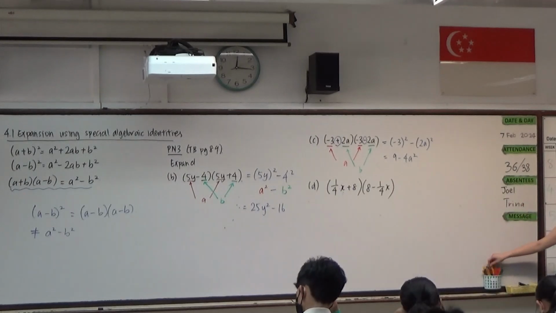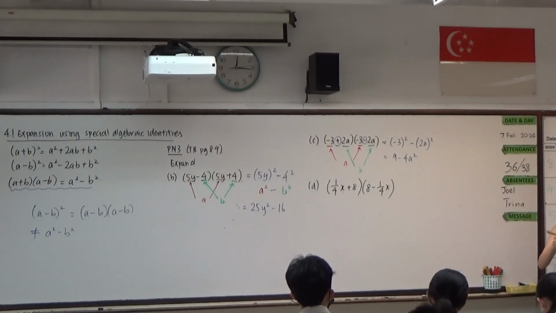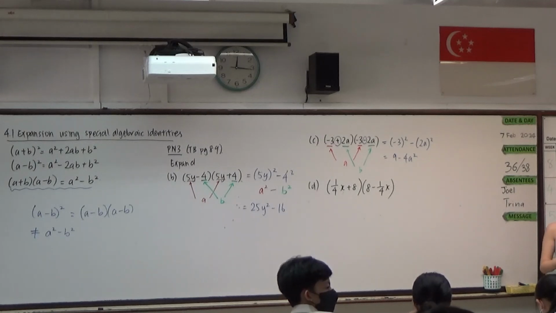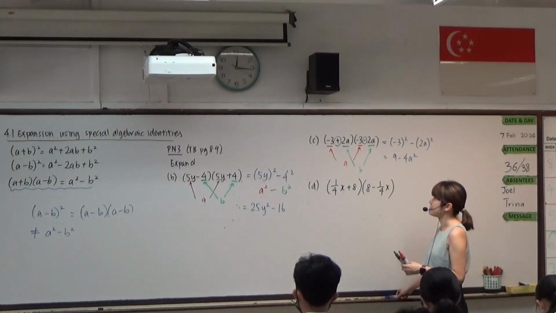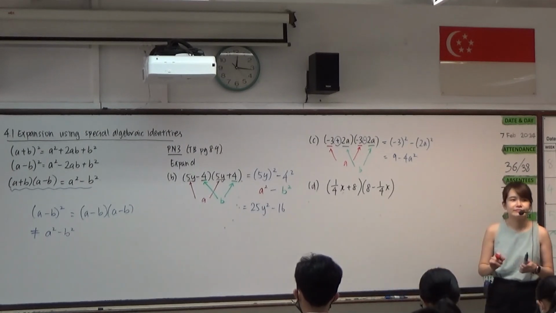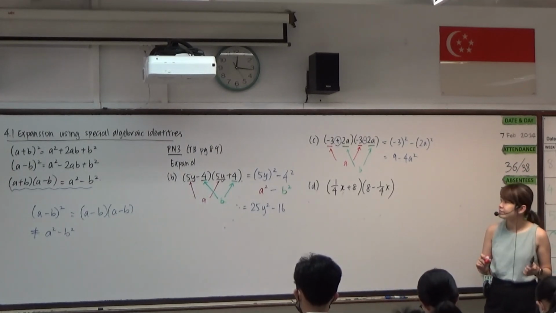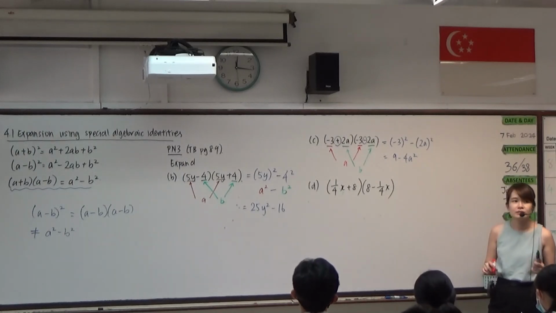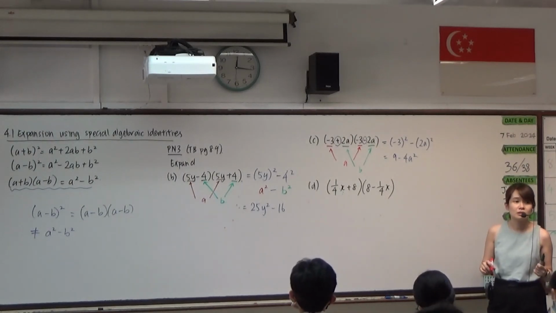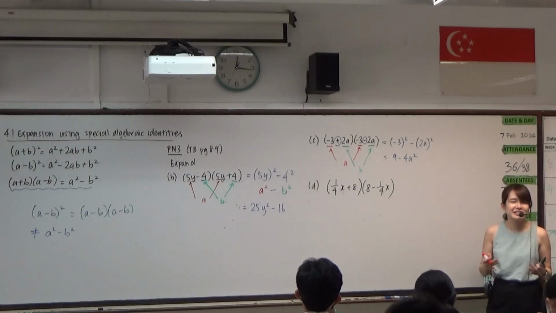Okay, let me take one person. Elise. Actually, what is the A and what is the B? A is 1/4 x. How do you know that? Exam asks you to explain why.